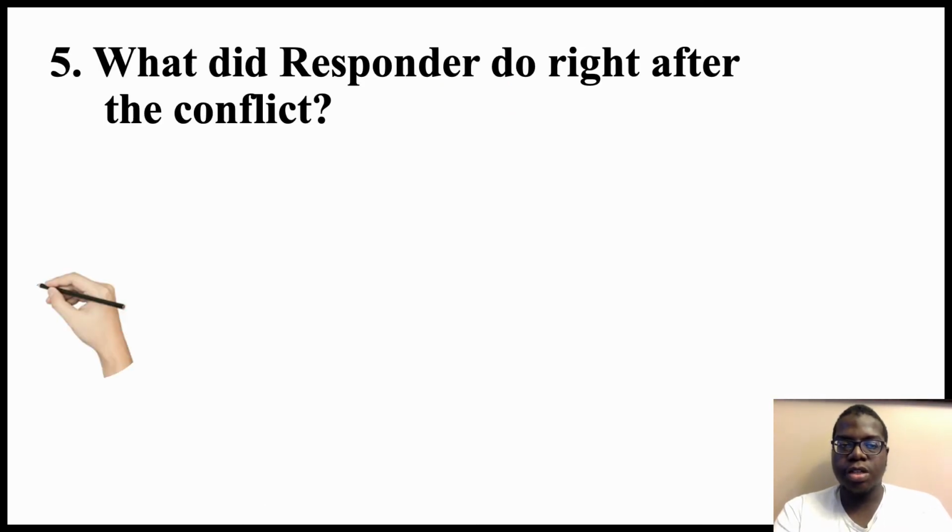Read the question. Question 5. What did responder do right after the conflict? What was responder's response that showed that there was a conflict? He covered his ear and shrunk down in his seat.